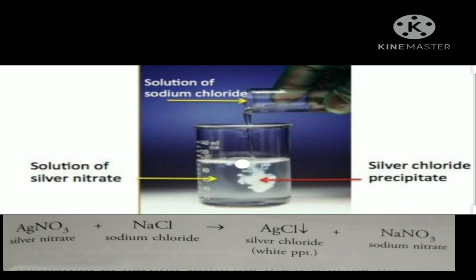You can see it in the figure. See the equation. Next to silver chloride, I have written a downward arrow which indicates a precipitate, and below AgCl I have also mentioned white. That means you have to mention the color of the precipitate also.